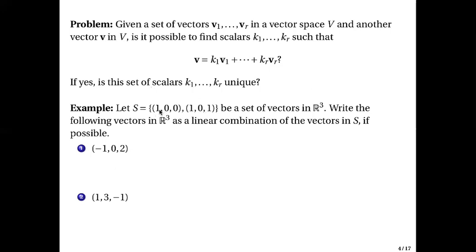So look at this. We have negative 1, comma 0, comma 2. And we are going to use the vector 1, 0, 0 plus 1, 0, 1. Now look at this.